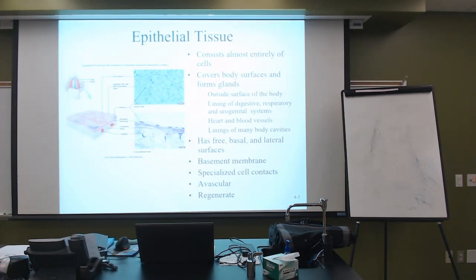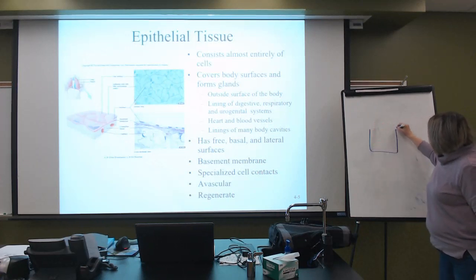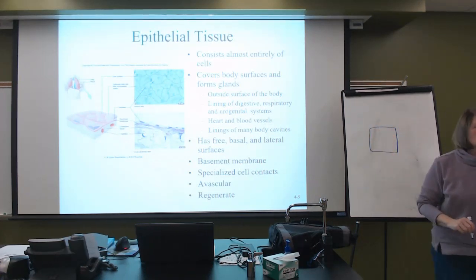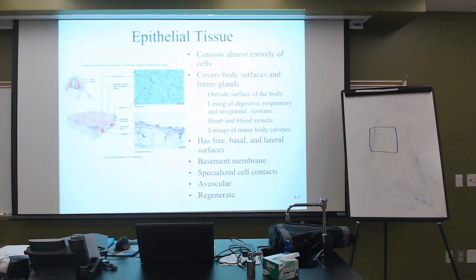What does that tell me about the shape of that cell? Cube. It's a cube. I'm now going to have cells that are shaped like this. They can have a free, basal, and lateral surfaces. Well, they can have a free surface altogether.